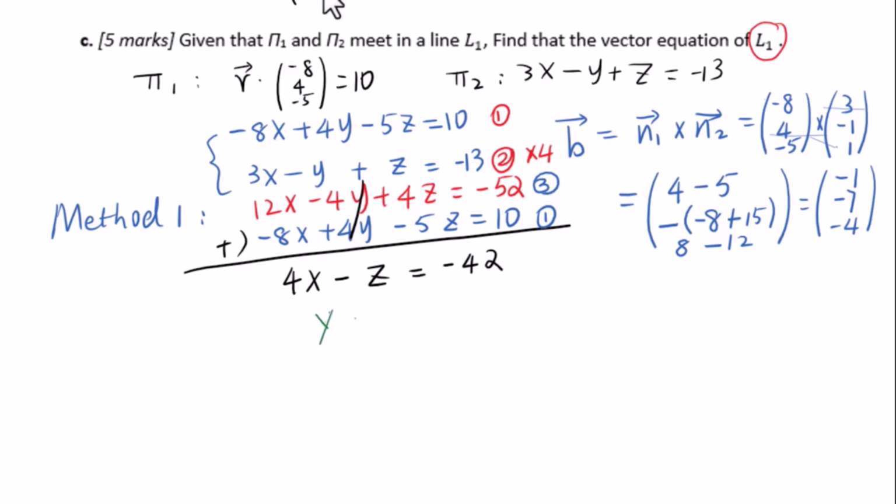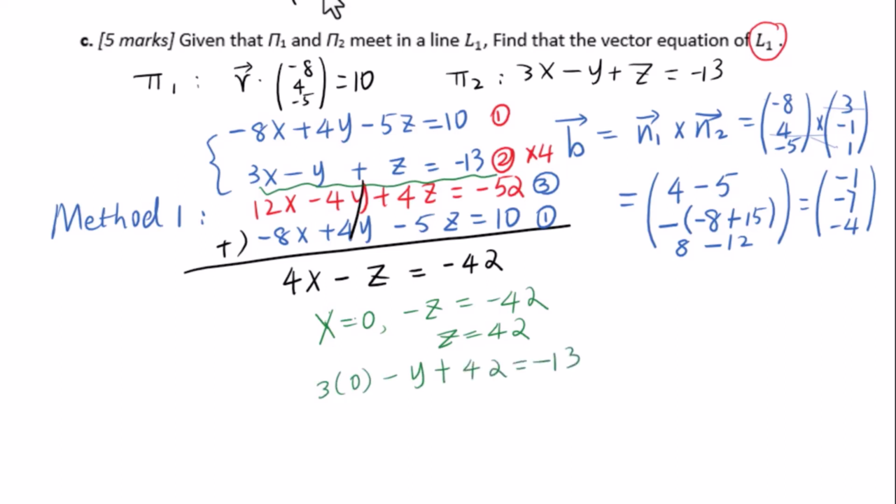Let's make x equals 0. Then negative z equals negative 42. z equals 42. Plug back into the second equation here. 3 times 0 minus y plus 42 equals negative 13. Negative y equals negative 13 minus 42, negative 55. y equals 55.